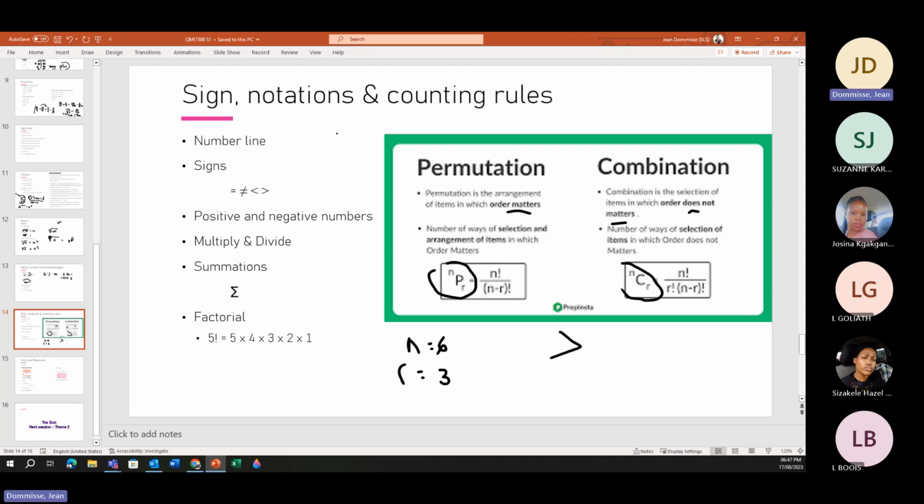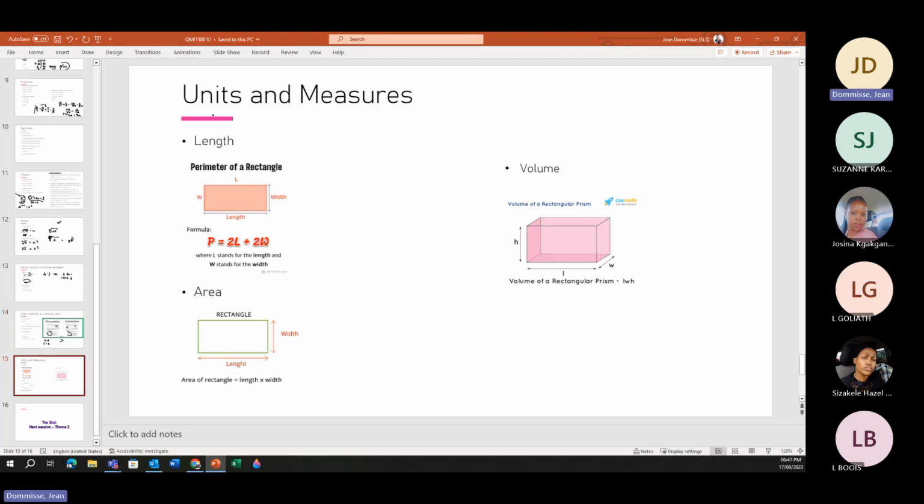Okay, and then nearly the last part in Theme 1 was, and I know they focused a lot on this, so please, you probably have done assignments 1 and 2. They would have asked you questions on length, area, and volume.